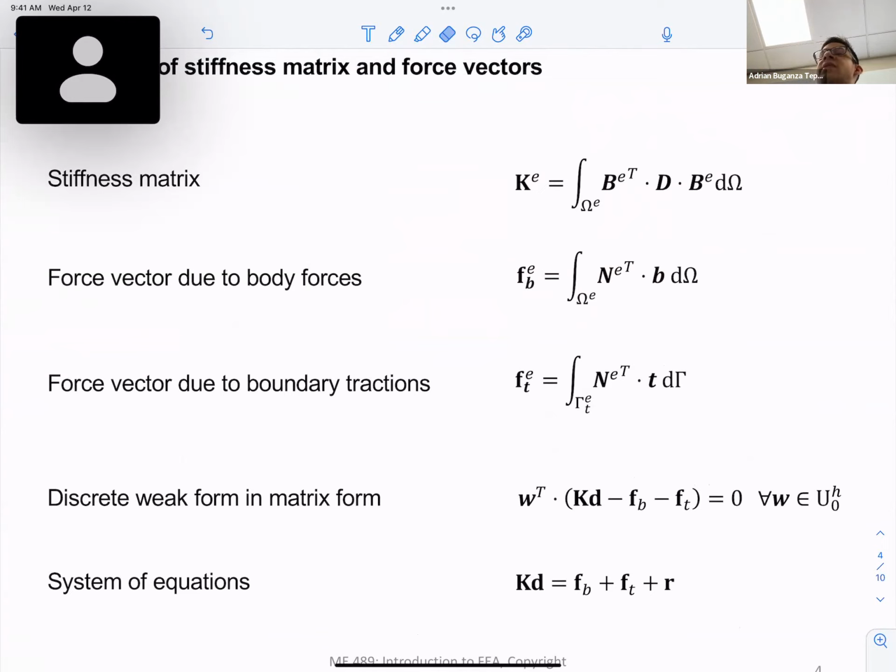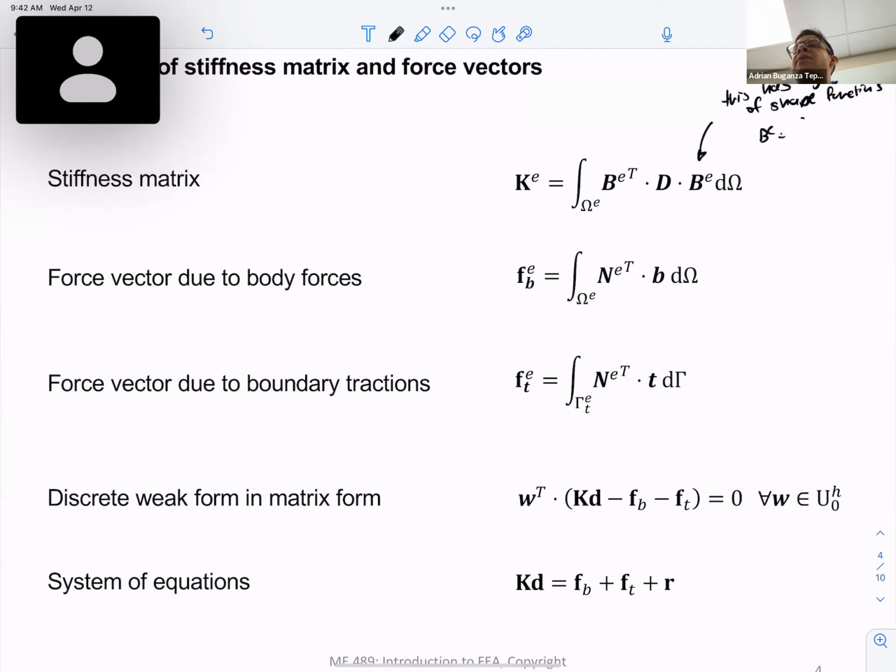So the stiffness matrix at the end of the day contains the gradients of the shape functions times the material properties times the gradient of shape functions. Recall that this B matrix has gradients of the shape functions.